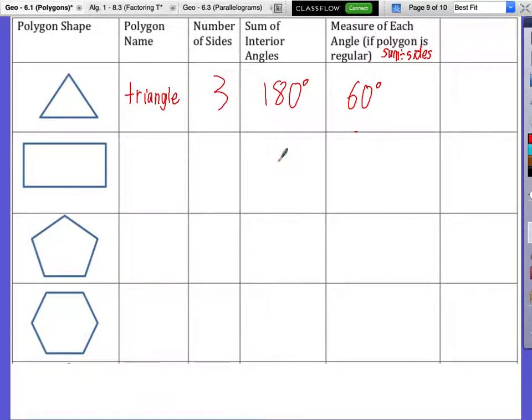You measure. Put this little crosshairs on this vertex. It's a weird 5. Okay, so you write that in.